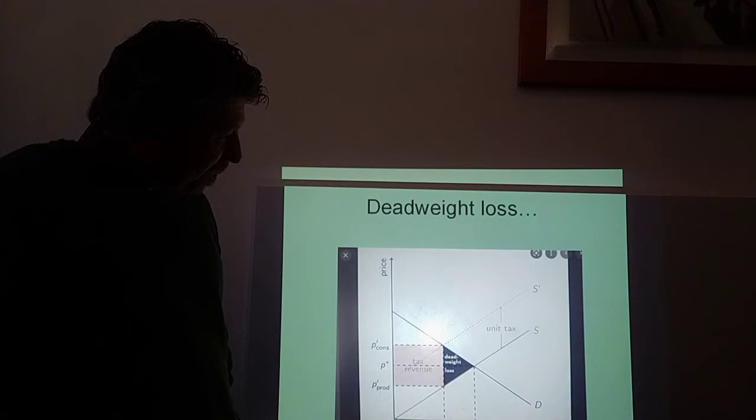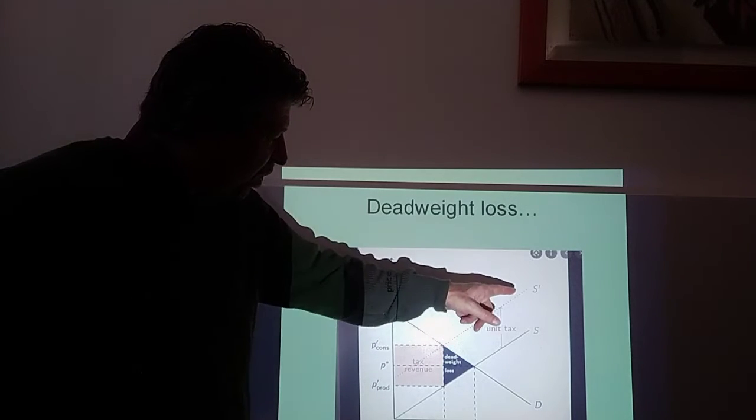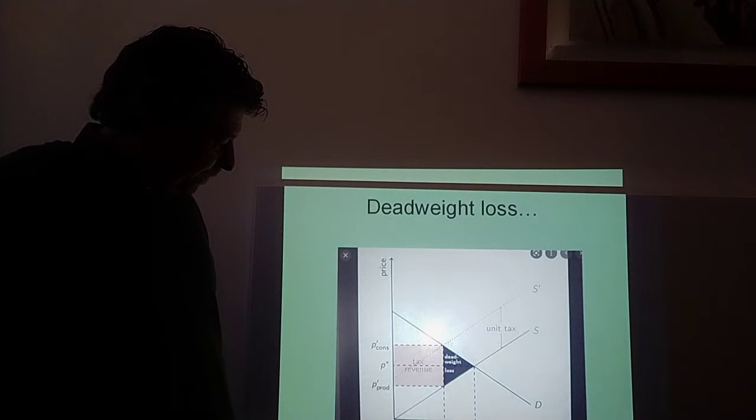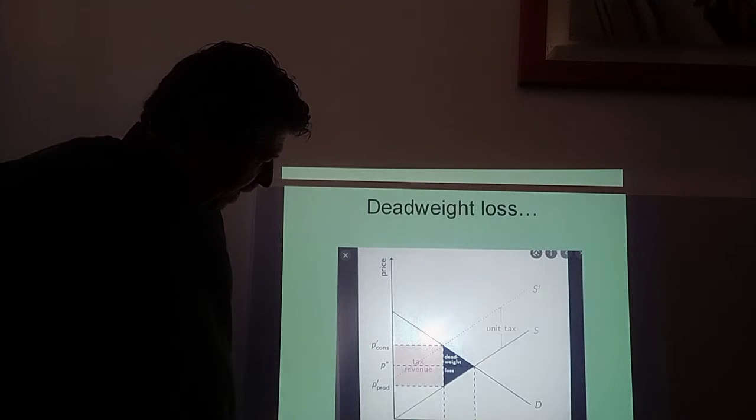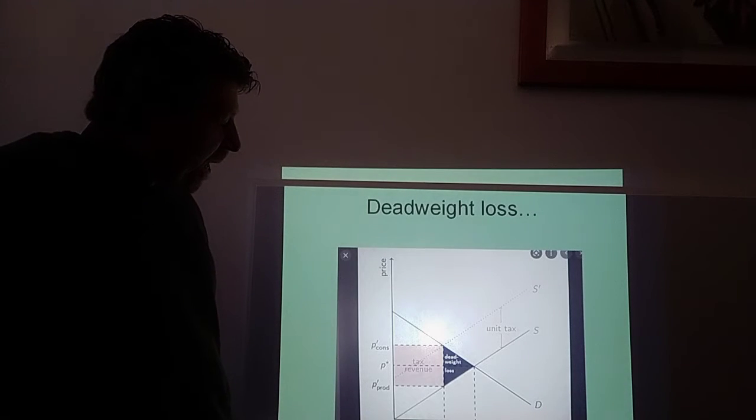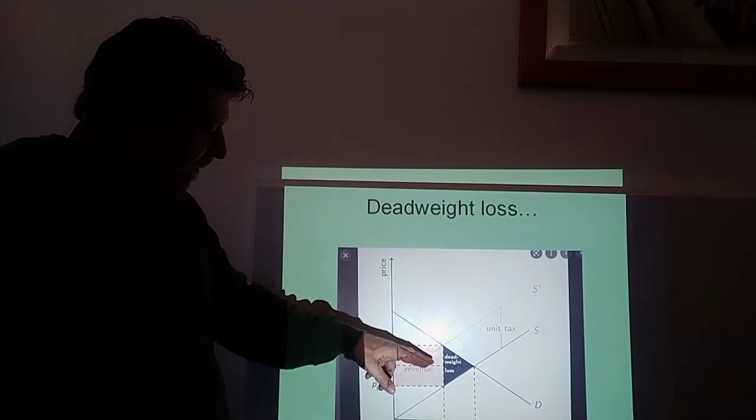So this is the problem, and here we have the new supply curve. That's price. There's this new supply curve that emerges, including the tax and everything.